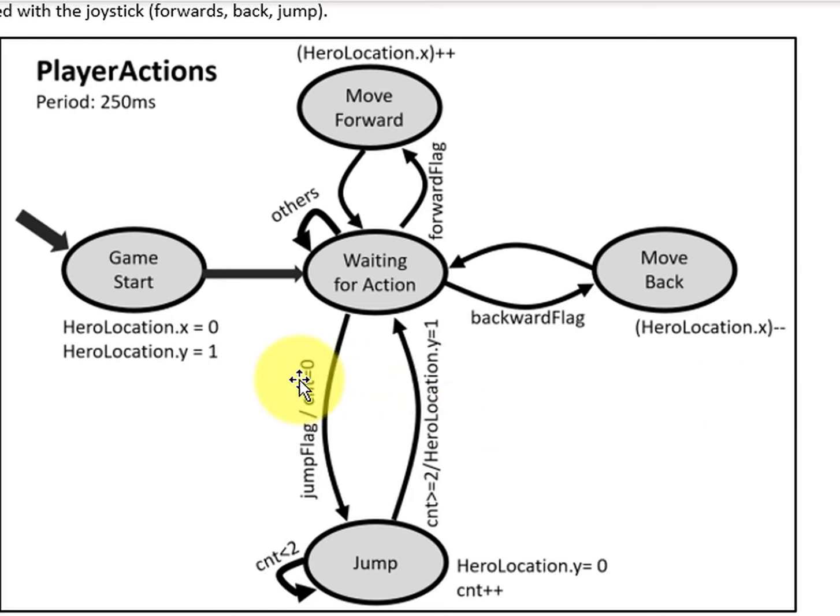This is an example of something called a synchronous state machine, and you notice there's something written here referring to a period. Every quarter second, we're basically doing a clock tick.